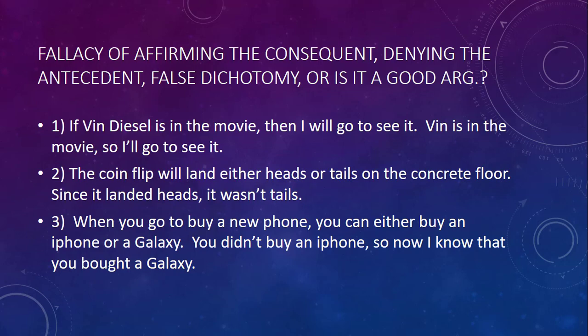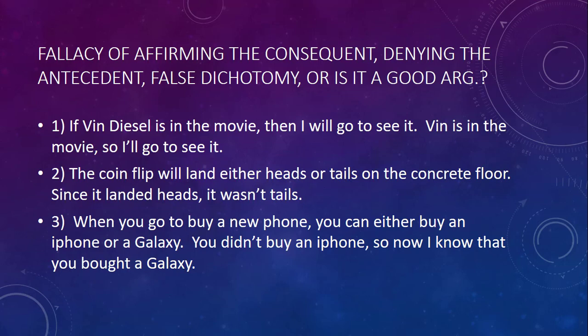And here we're going to affirm one of the statements in the disjunct. Right? The coin flip will land either heads or tails on the concrete floor. Then we affirm in the next premise here that it landed heads. The conclusion is it wasn't tails. So this, assuming that the premises are true, is a good argument.